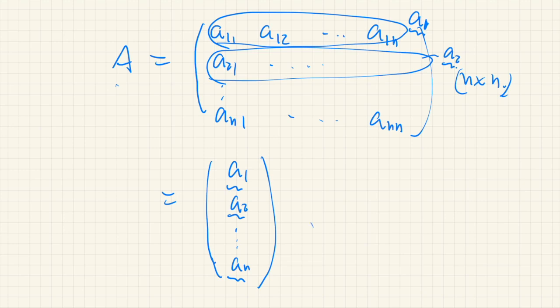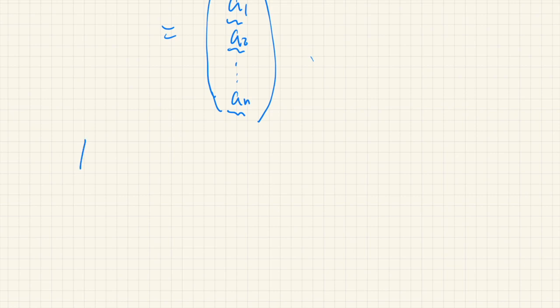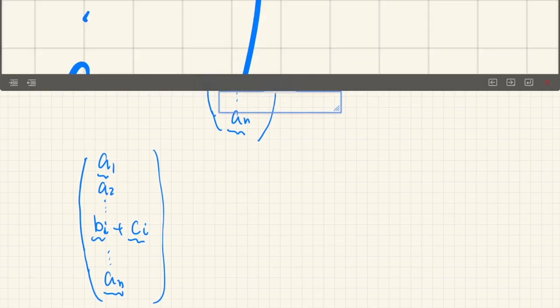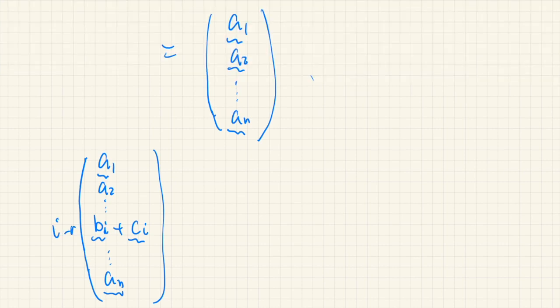Then we have the following property. Take a1, a2, and so on, and at the ith row we have bi plus ci, and so on up to an. So except for the ith row, everything is like a vector, and the ith row is made of the sum of two vectors.